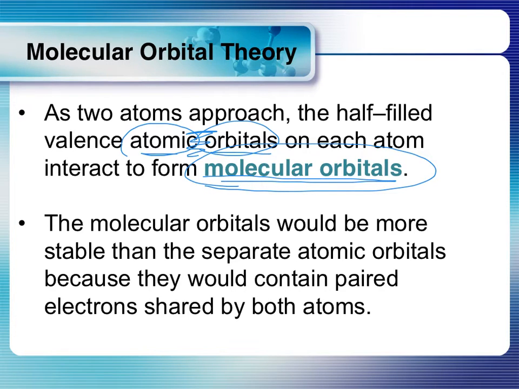If we start with two atomic orbitals, we end up with the exact same number of molecular orbitals. And as always, the driving force for formation of molecular orbitals is that they are more stable, at a lower energy level than the individual atomic orbitals.